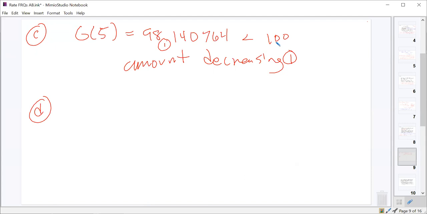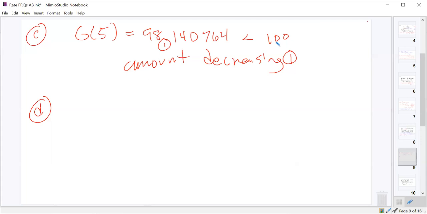If you didn't do it exactly that way, would you still get the points? I did a sign chart of G of t minus R of t, and I showed that at t equals 5 it's negative. Would I still get the points there, or do I have to do it the specific way?